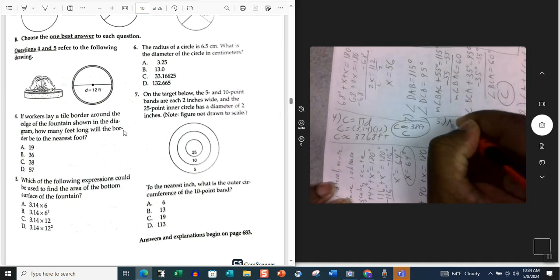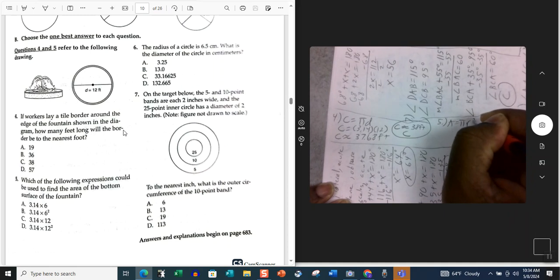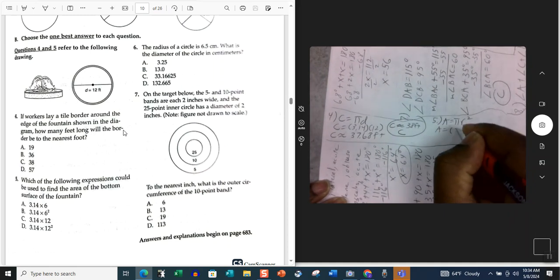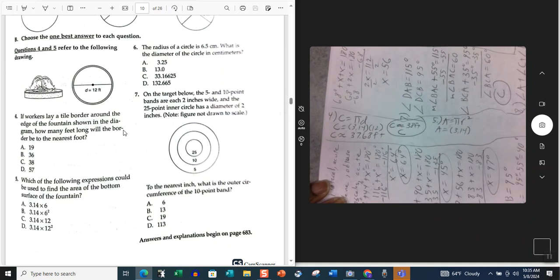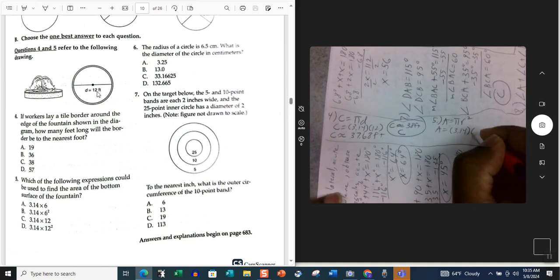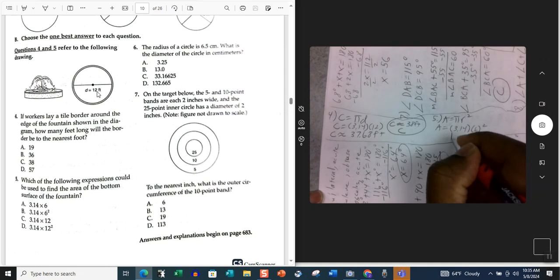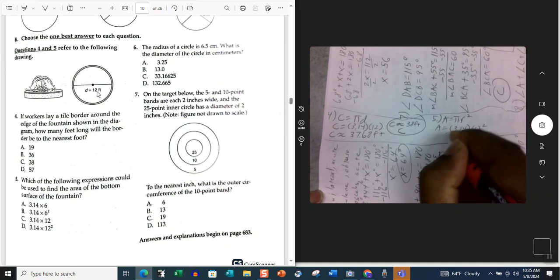Now, we know the area formula is equal to pi times radius squared. Now, we know that our pi would be 3.14. Now, to get our radius, if we look here, remember, radius is half the diameter. The diameter is 12, so we take half of that, which would be 6, and square it. And the one that does this is B. So your answer here would be B.